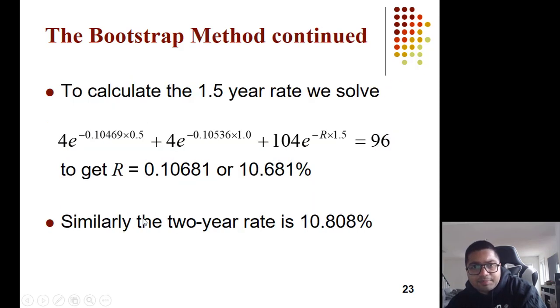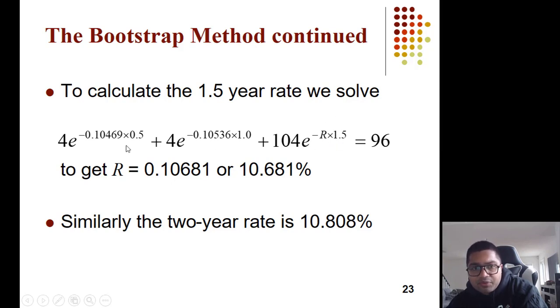The 6-month rate is easy, but 1.5 years becomes difficult because the bond pays an $8 coupon every year, so $4 every 6 months. In 1.5 years, you are going to receive a $4 coupon at 6 months, then a $4 coupon at the end of the year, then 104 at 1.5 years. And you have to find R, the interest rate.